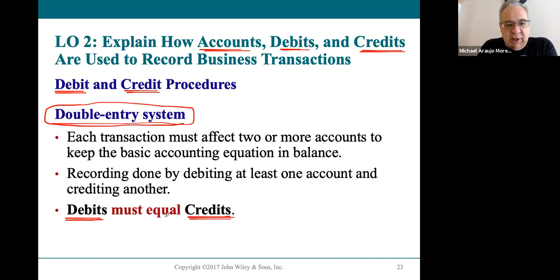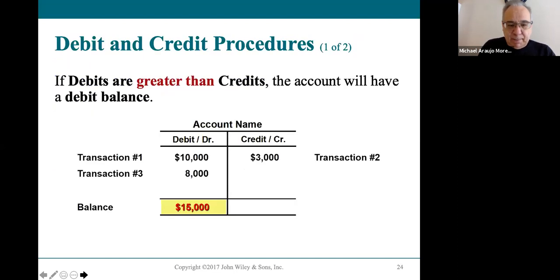So everything is going to equal out. That's another thing I can guarantee you. We're going to debit one account, we're going to credit the other account, for every transaction.